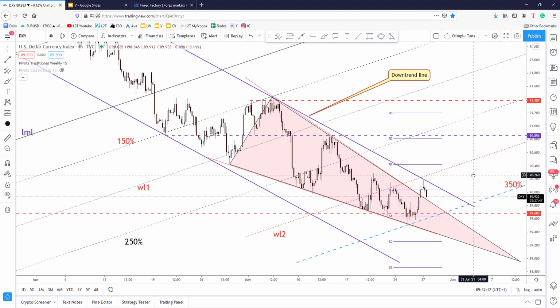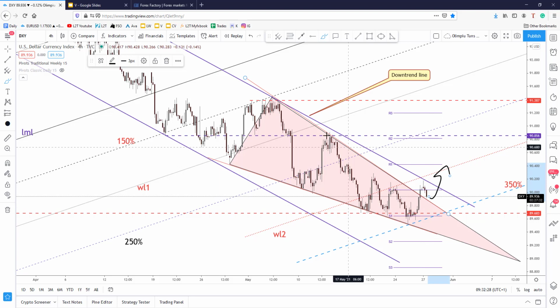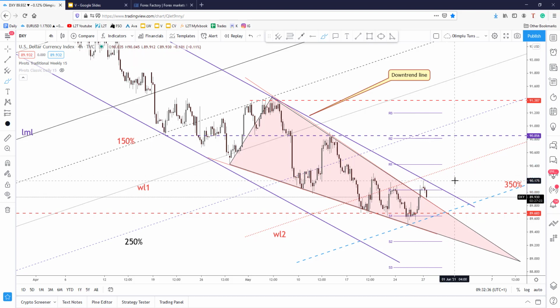So only if the US data will come in better than expected today, maybe the DXY will jump higher in the short term after maybe testing and retesting this broken downtrend line, the falling wedge resistance. Then it could jump higher in the short term, signaling that the US dollar could take the lead again and could appreciate versus its rivals.